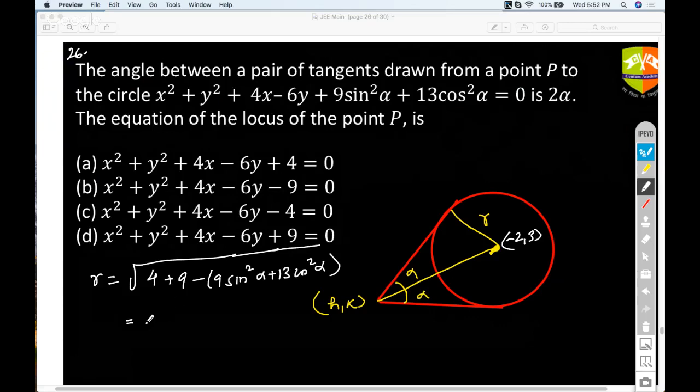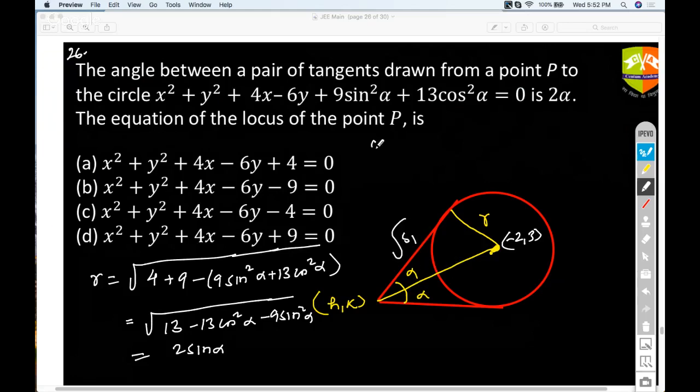So that's going to be under root of 13 minus 13 cos square minus 9 sine square. That's going to be 2 sine alpha. Now, if I want to find out the locus of h comma k, can I say this is root of s1? So tan of alpha would be... in fact, you can take sine of alpha also.